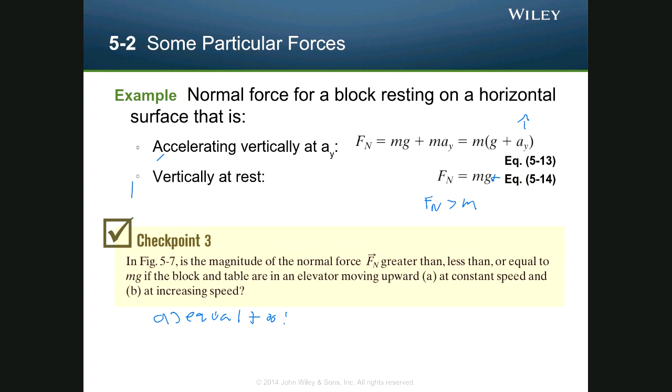Do you see it? We have our model. And our model says if we're moving up and increasing speed, that is a positive acceleration. If we add numbers here, we get a bigger number than just mg. In order to have a smaller number, we'd have to subtract something off. That means the acceleration would have to be negative. And for n to be 0, we would have to have no contribution from ay. And that's just not the case.